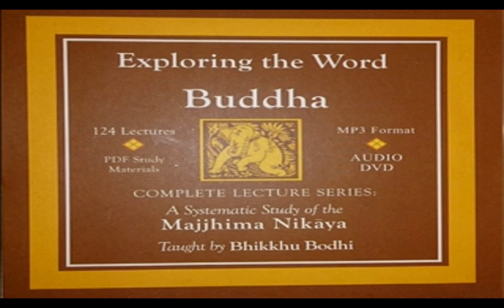Sotapanna still has the taint, but the path of stream entry and fruit of stream entry are classified technically as taintless. But when the stream enterer comes out of the path and fruit experience down to being an ordinary stream enterer, he'll still have the taint.